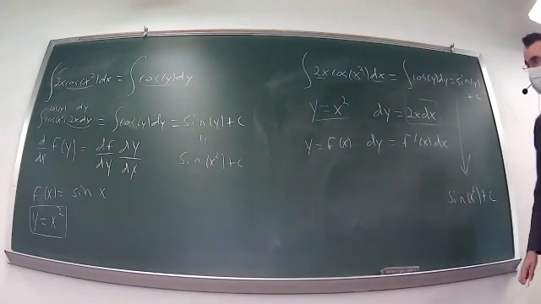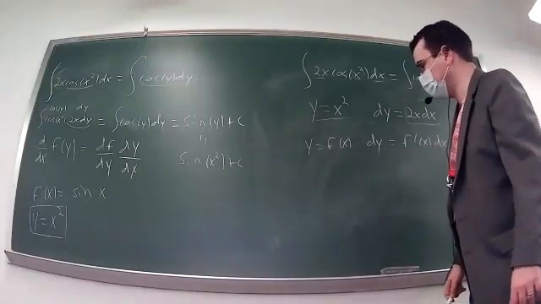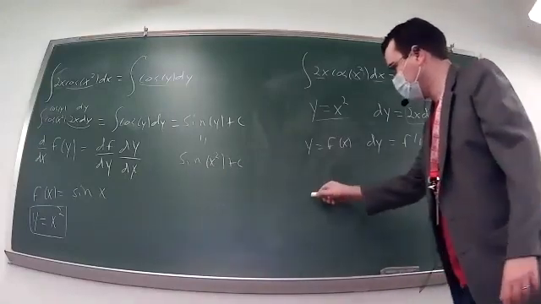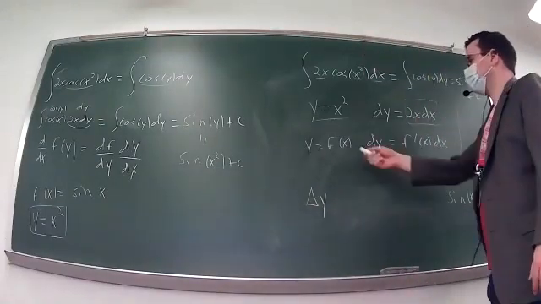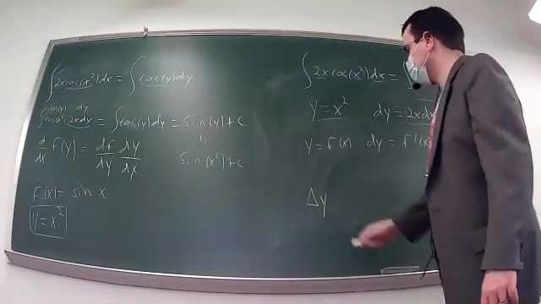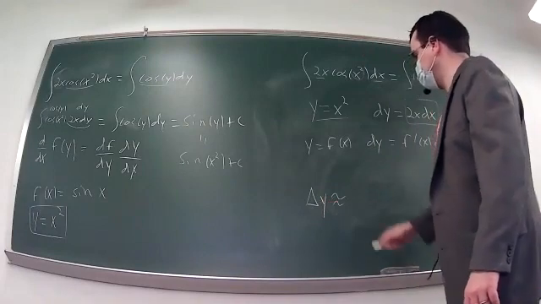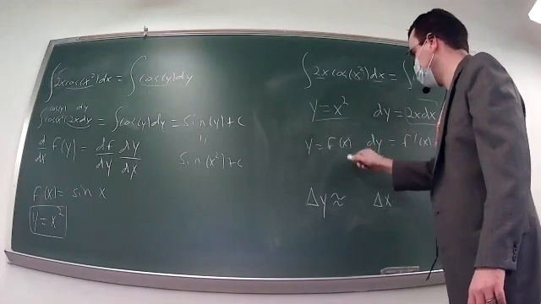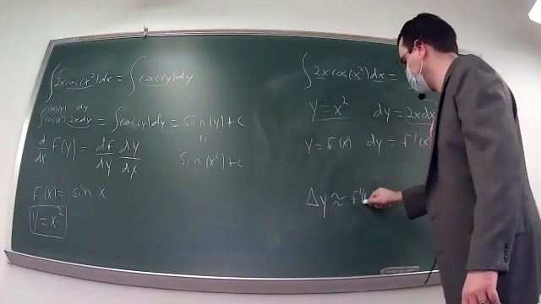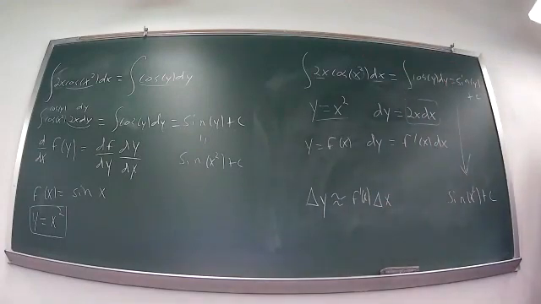If you remember back to our discussion of chapter 4, we were doing linear approximation. We noticed that if y is equal to f of x, then a small change in y is roughly going to be not equal to a small change in x. It would actually be equal to the derivative times a small change in x. That's what calculus is.